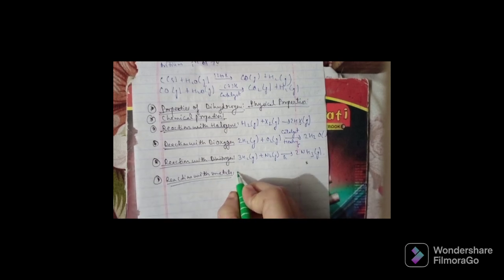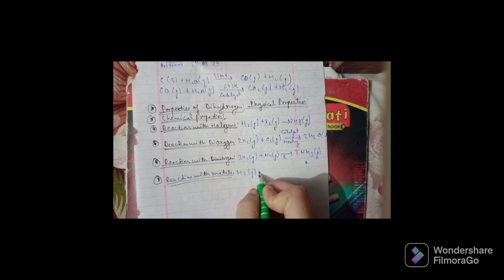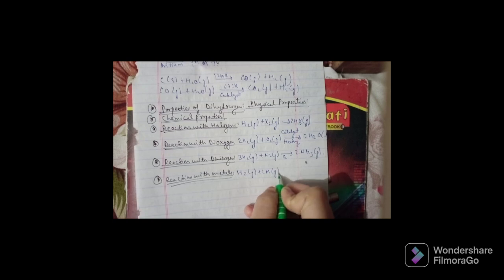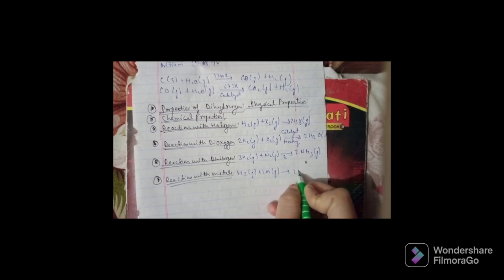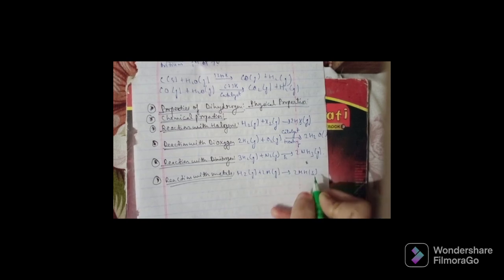The reaction is H2 in the form of gas plus 2M will give 2MH in the form of solid, where M is an alkali metal. Now we will go for reaction with metal ions and metal oxides. So here we go.